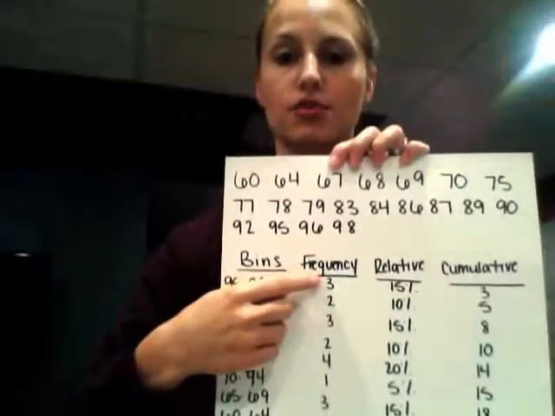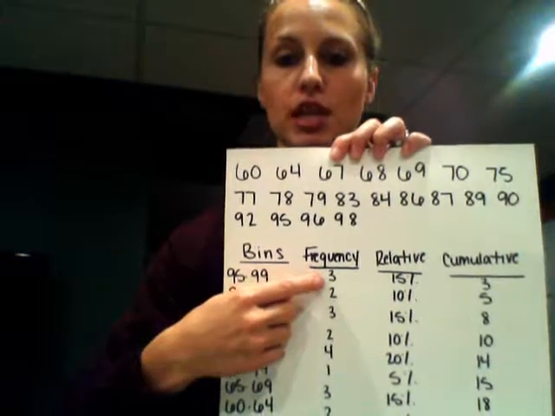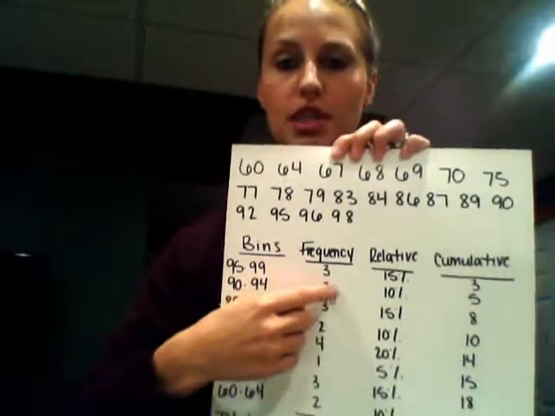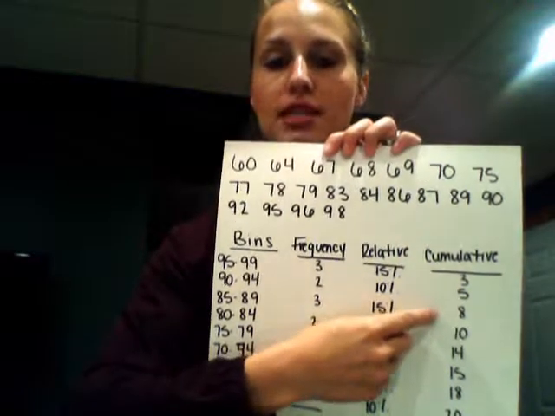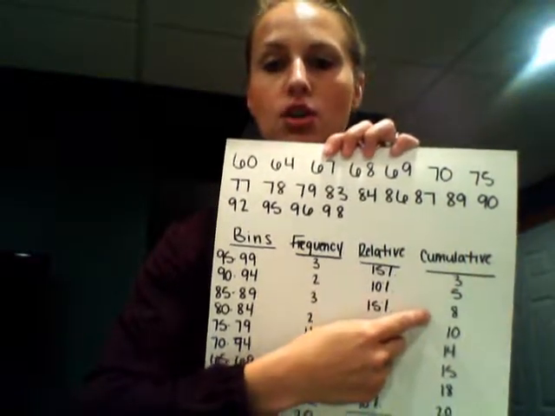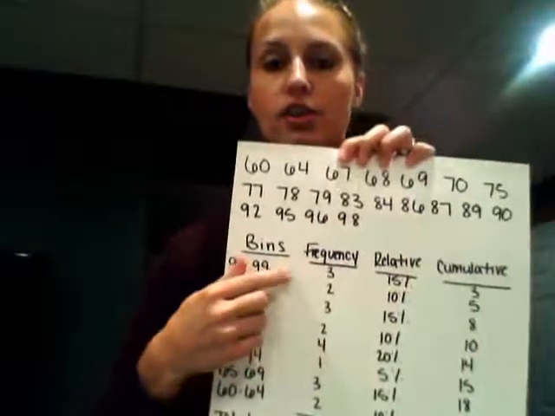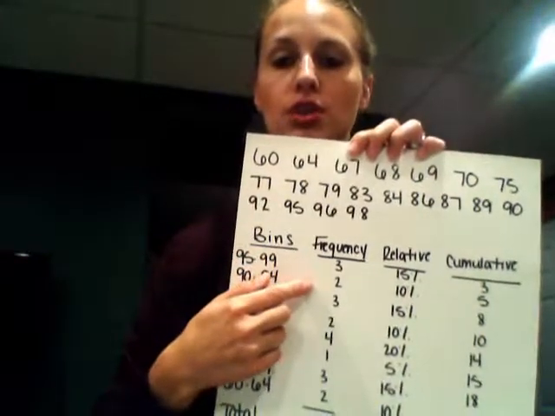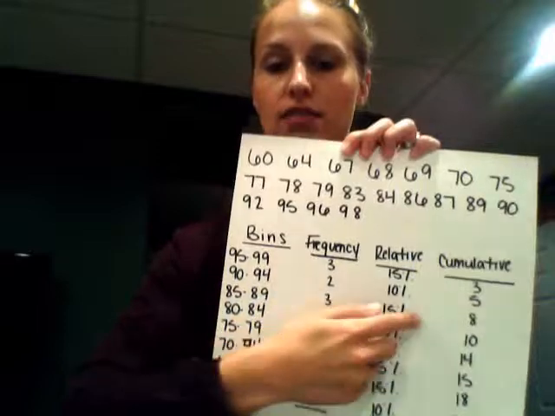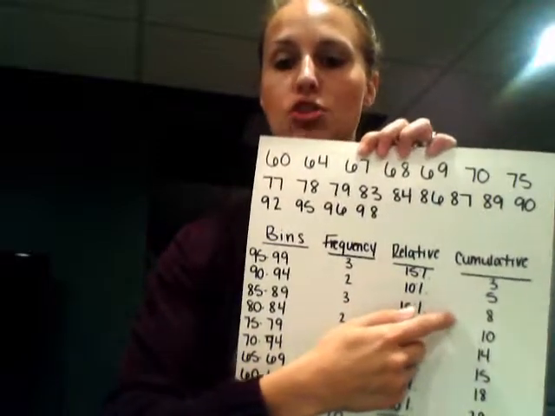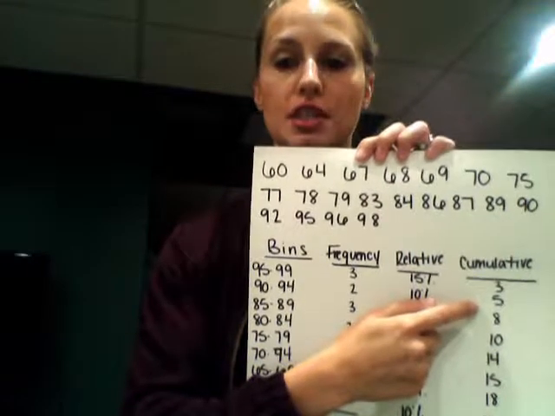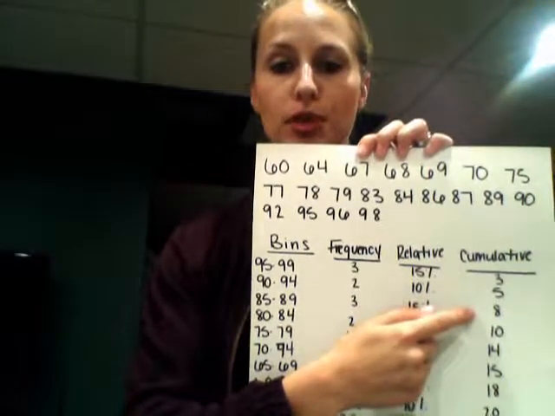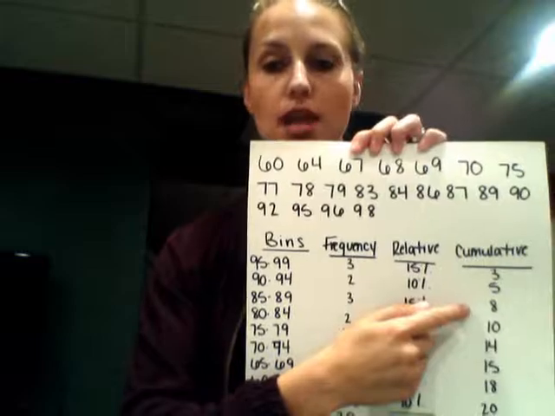We're just adding this frequency, which is 3, and then this current frequency to give us 5. And then to get 8 for bins 85 to 89, we're going to add 3, 2, and 3 again, and that's going to give us 8. Or like I mentioned earlier, you can just add the previous cumulative frequency, which is 5, plus the new frequency, that's 3, and that's going to give you 8.